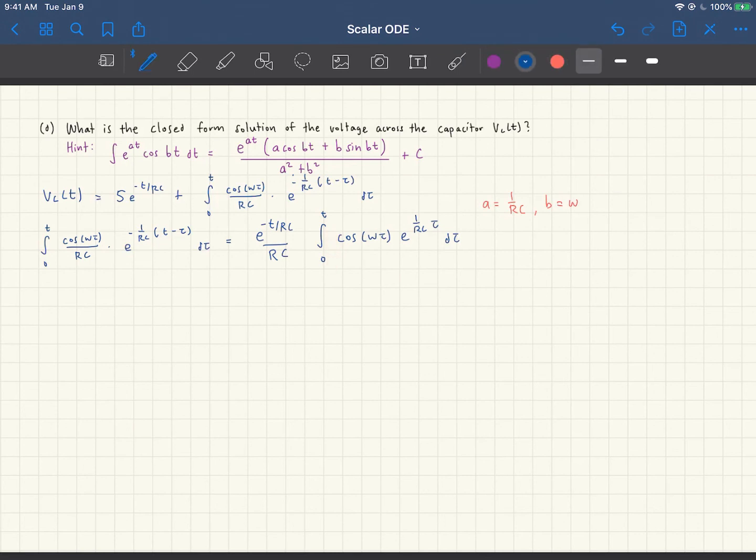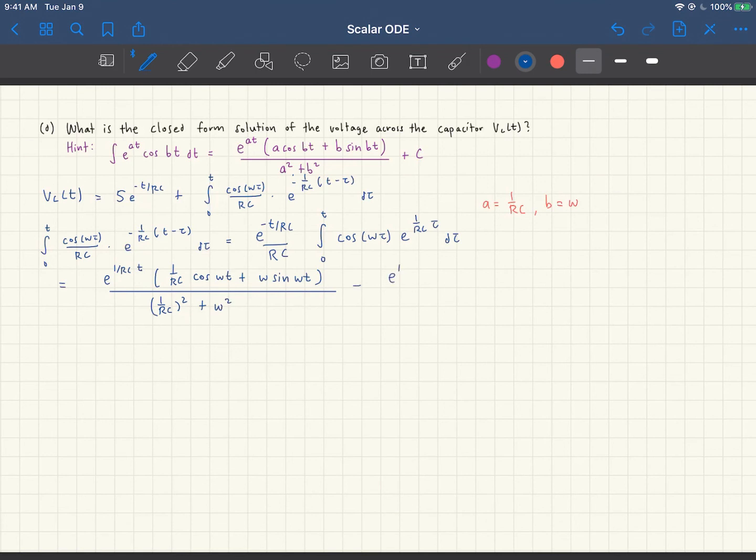So taking all this into account, we can say that this integral is equal to e to the at, so a is 1 over RC, so e to the 1 over RC t, times 1 over RC cosine of omega t plus omega sine of omega t, all over 1 over RC squared plus omega squared, and then we'll subtract the 0 terms.